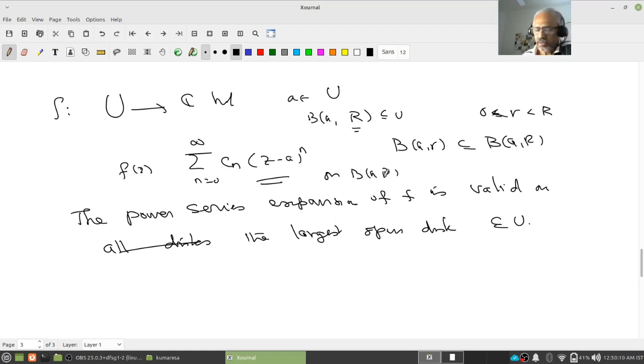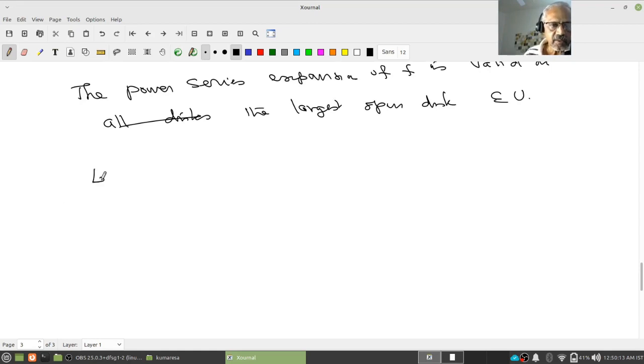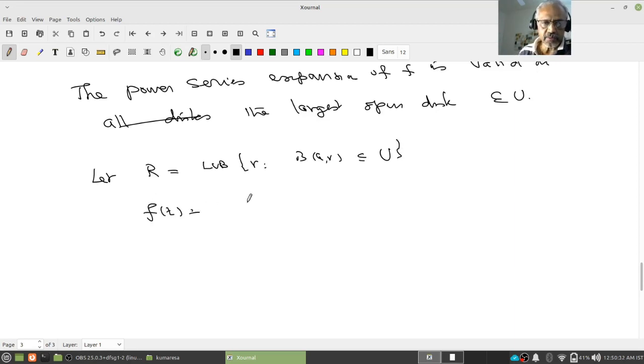So let me say that a little more clearly. Let R be the supremum of r so that B(a, r) is contained in U. Then what I want is f of z equal to the sum of c_n (z minus a) to the power n, n equal to 0 to infinity, for z in B(a, R).